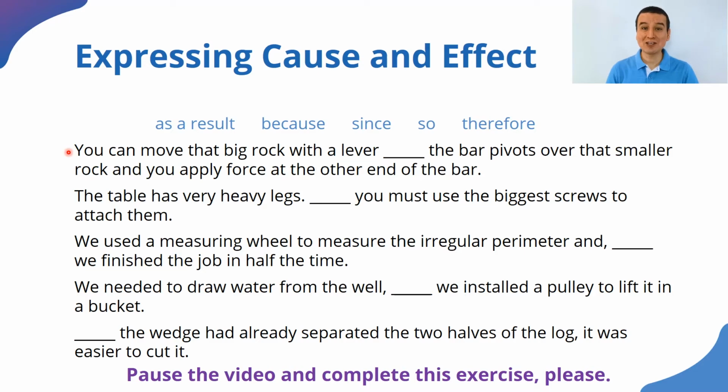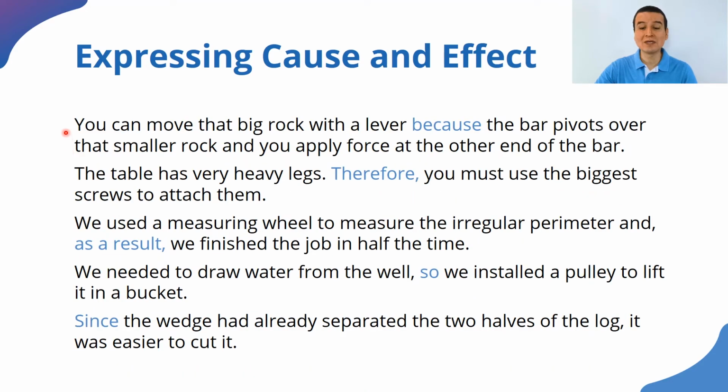All right, thank you very much for having completed the activity. And here I have the answers for you. You may see that some may work in more than one sentence. That is fine. What is important is that we express the relationship between the cause and effect correctly. Okay, the first one. You can move that big rock with a lever, blank.